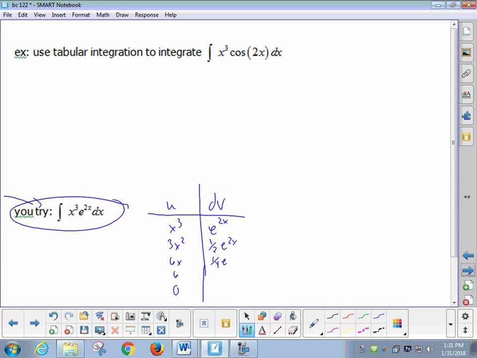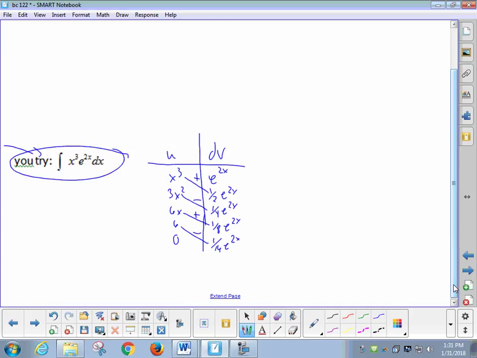Then our final answer is x cubed over 2 e to the 2x minus 3/4 x squared e to the 2x plus 6/8, or 3/4, x e to the 2x minus 6/16, or minus 3/8, e to the 2x plus C.